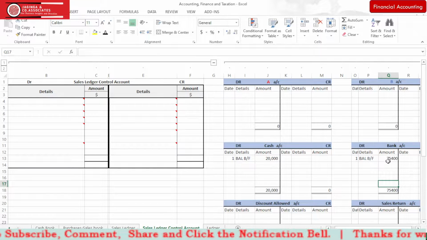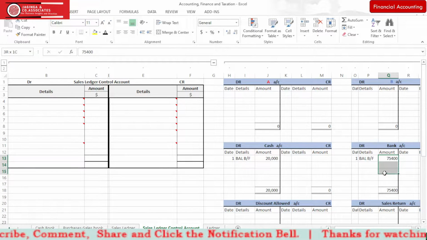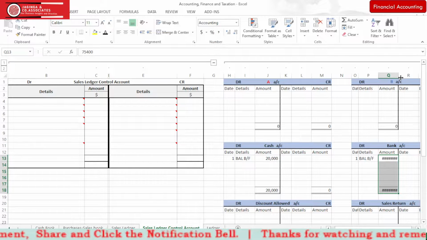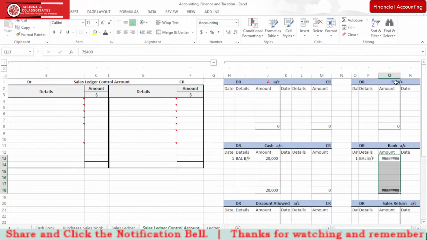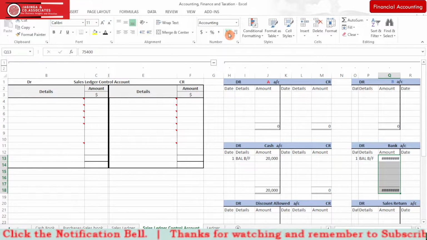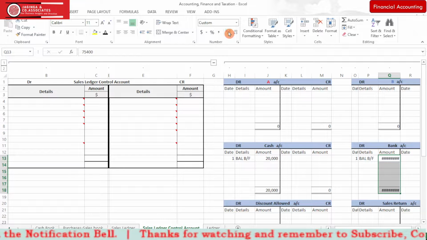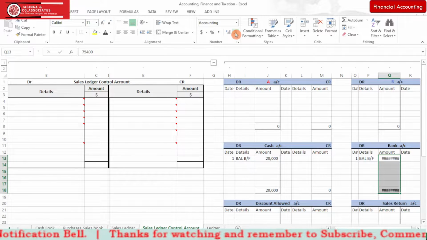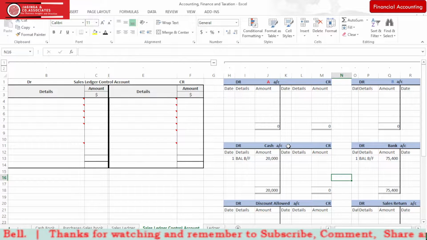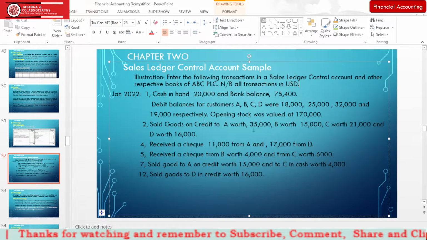So the assumption here is that the balances are debit balances. That's where we are debiting the cash and bank accounts.